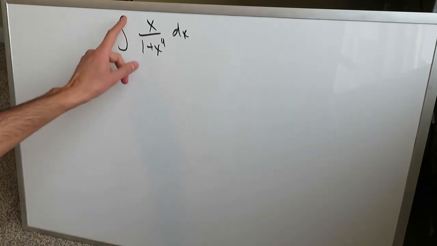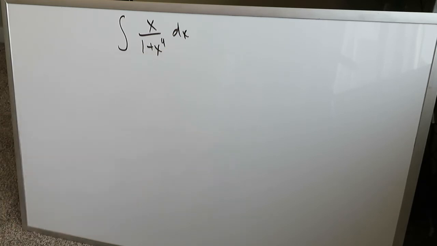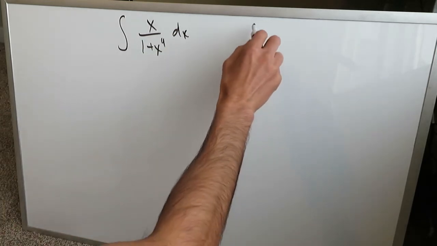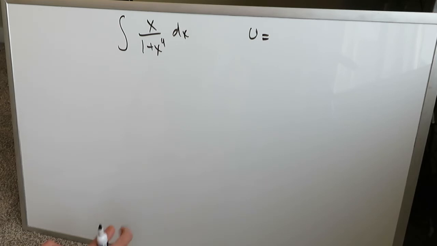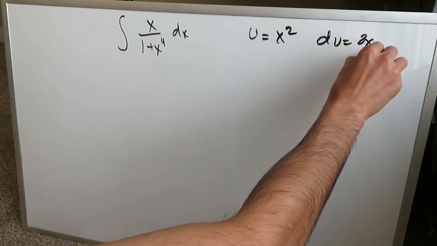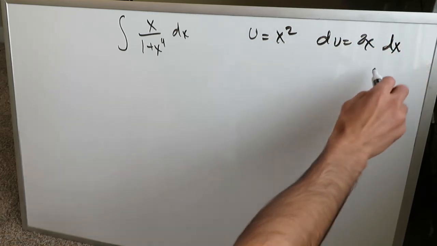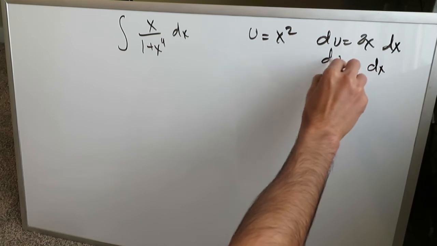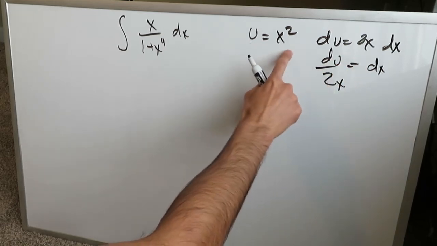Now look over here, x over 1 plus x to the 4th. If you made this unorthodox substitution, I'm saying it's unorthodox because normally I've been substituting the entire composites. If u is equal to x squared, du is equal to 2x dx, because you're doing the derivative of this, then dx is equal to du over 2x. Look over here, u was equal to x squared.